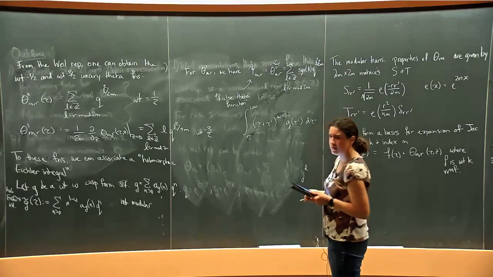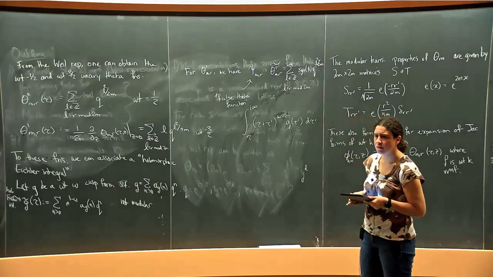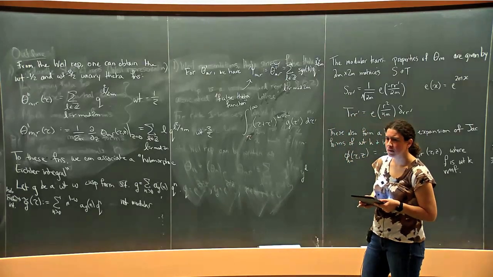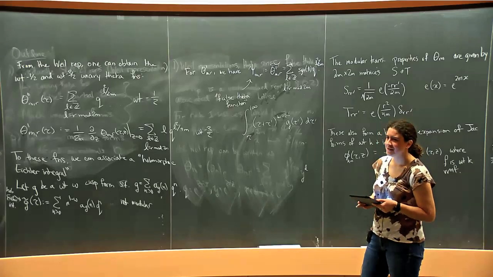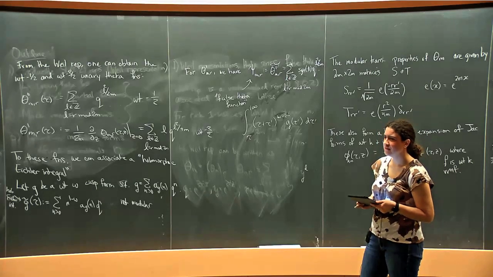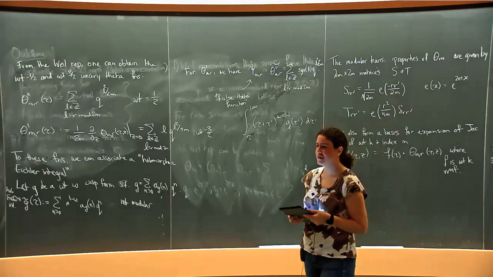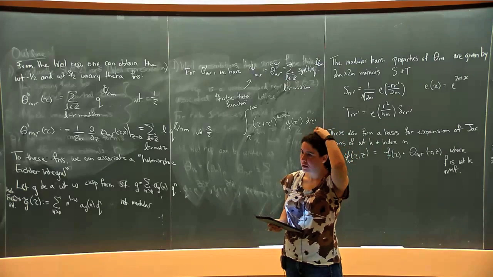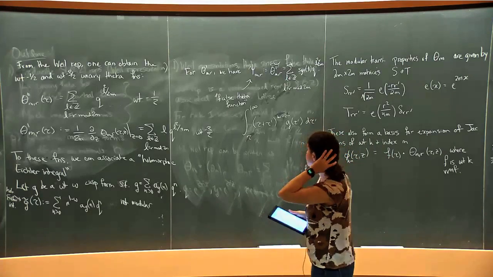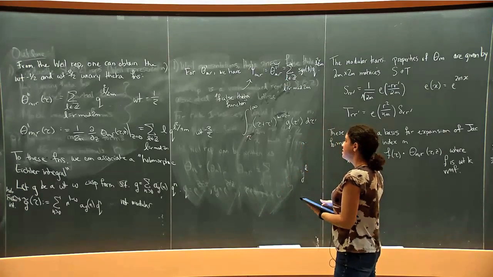I don't think of it as a primitive. But usually this way of thinking, you do it for integer weights. For non-integer weights, it's a bit more subtle to define the integral. Yeah, that's why I avoided it, because we're in weight 1/2. You can still do it, but then you have to do some integration by parts to make sense.